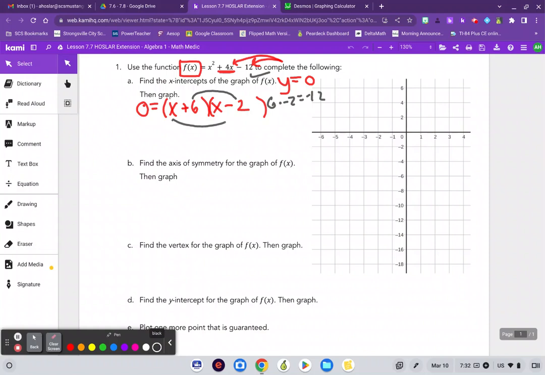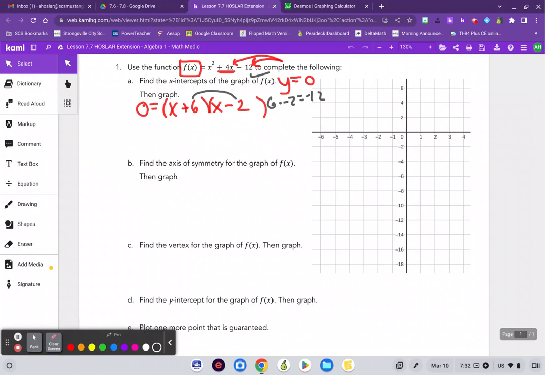And then if the outside pieces, if that negative 2 gets paired with x and the 6 gets paired with x, I'm going to add those up and I get 4x. And that matches the middle. So I know that I factored this correctly. So you can always do that quick check, or you can always do your box method to fully multiply out.